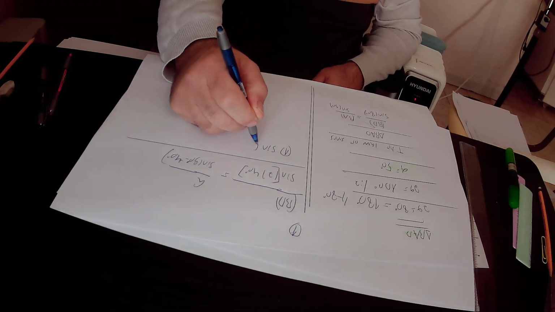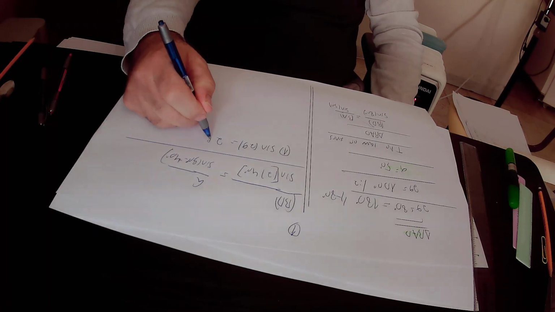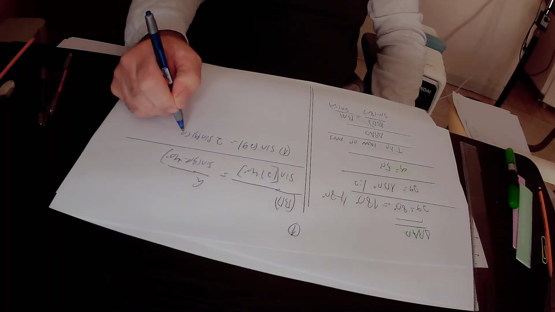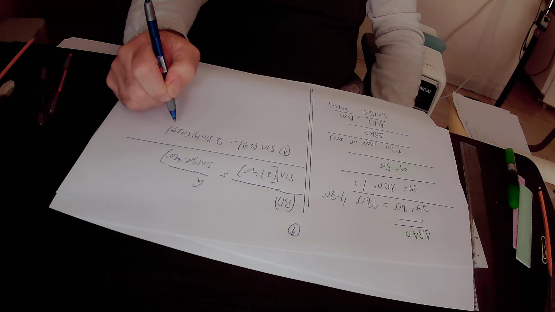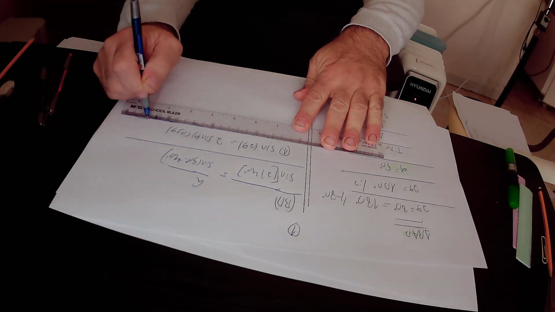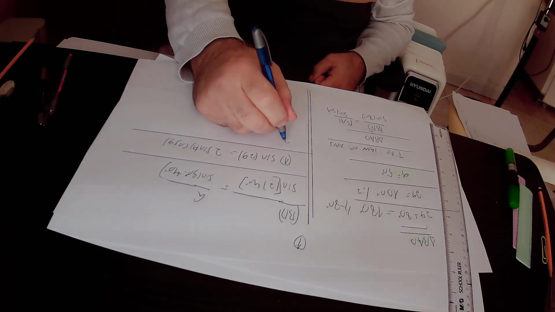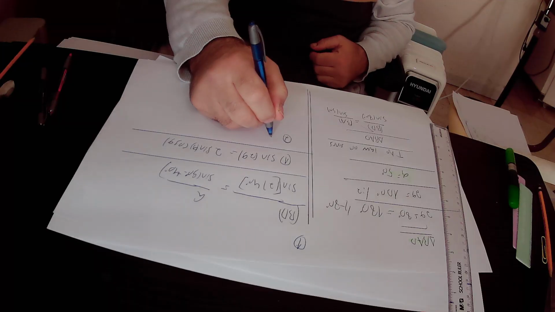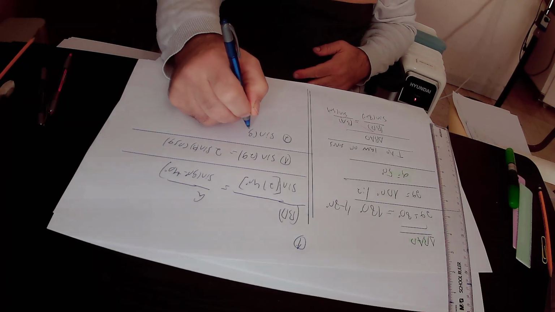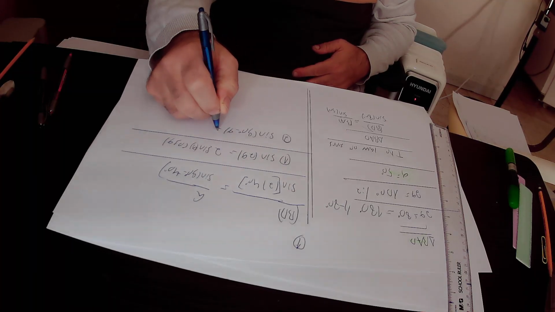Sine 2 alpha equals 2 times sine alpha cosine alpha. And the second trigonometric identity is as follows. Sine of 90 degrees minus alpha equals cosine alpha.